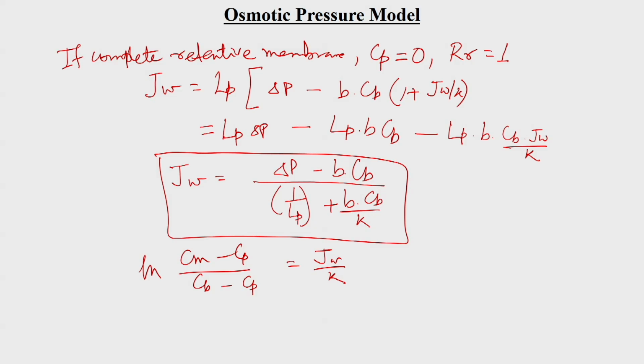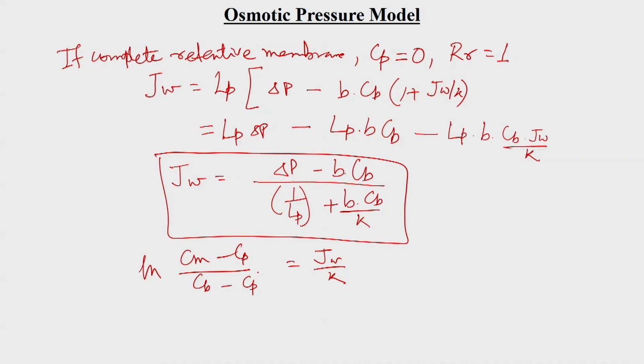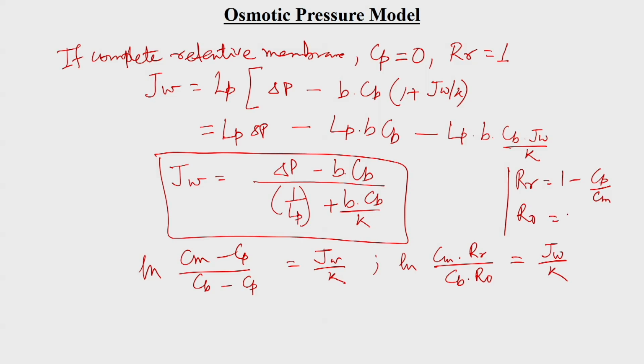We can say this is from the very basic flux analysis. Then we will put this Cm minus Cp value in terms of Rr. So it will be like this, ln Cm into Rr divided by Cb into Ro, that will be coming as Jw by k, because we know that Rr is equal to 1 minus Cp by Cm, whereas observed retention is equal to 1 minus Cp by Cb.